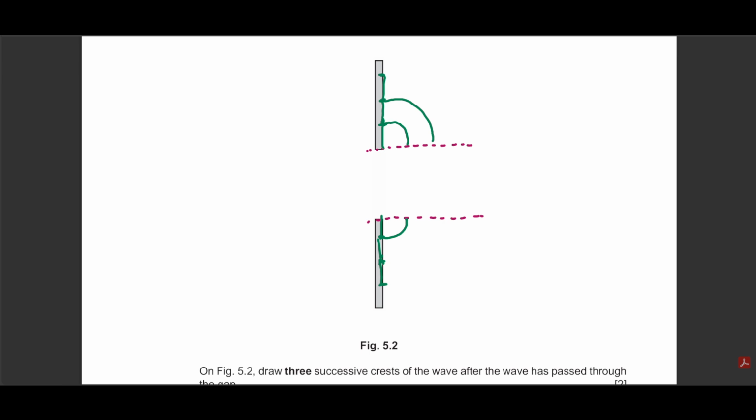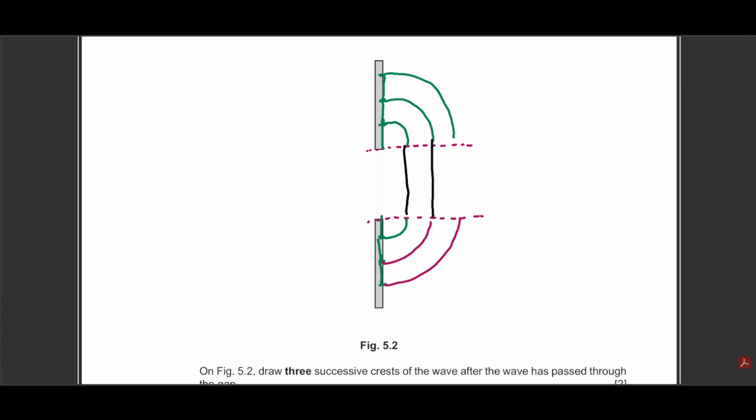All the while make sure that the distance between these lines is not changing. Again, this has to be done freehand, or you can use a compass if you have enough time. And the part where there was no barrier, these lines will be straight. Please join them with a ruler, ideally in one single swift motion.